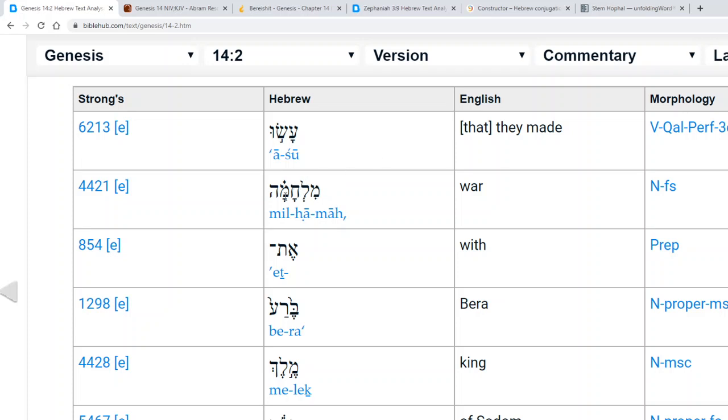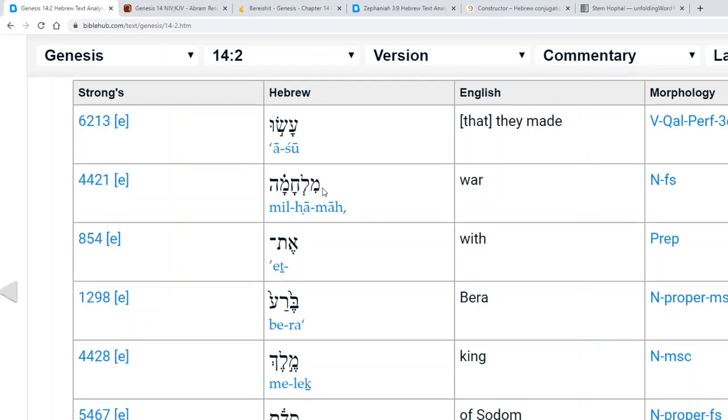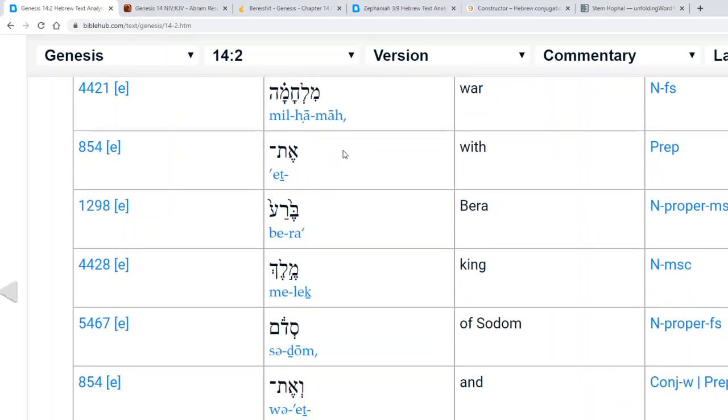We won't get into it, but milchama is war. So asu milchama, they made war, right? And lachmu actually also is a verb. So this does come from the root lamet het mem. You can look into that if you like.